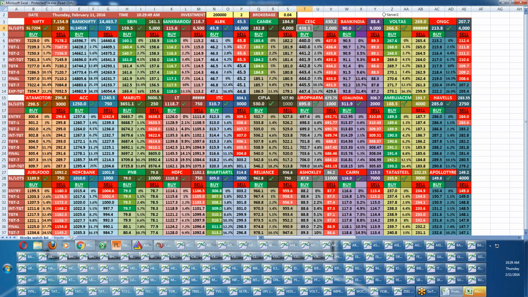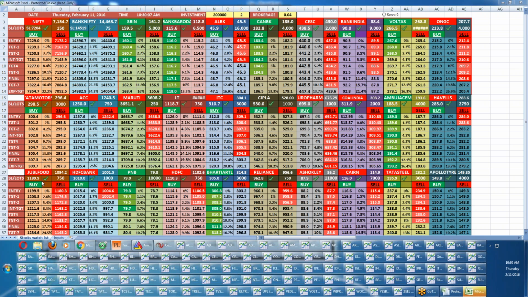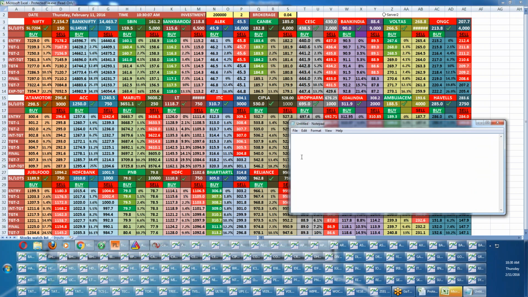So to give you a rough idea of the profits, I'll just type it here in a notepad. So 160.10 is the entry, 161, let's say 1 rupee also.